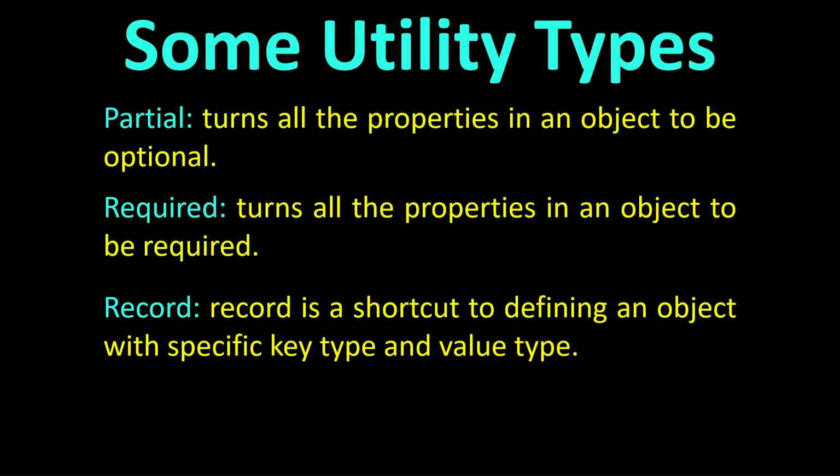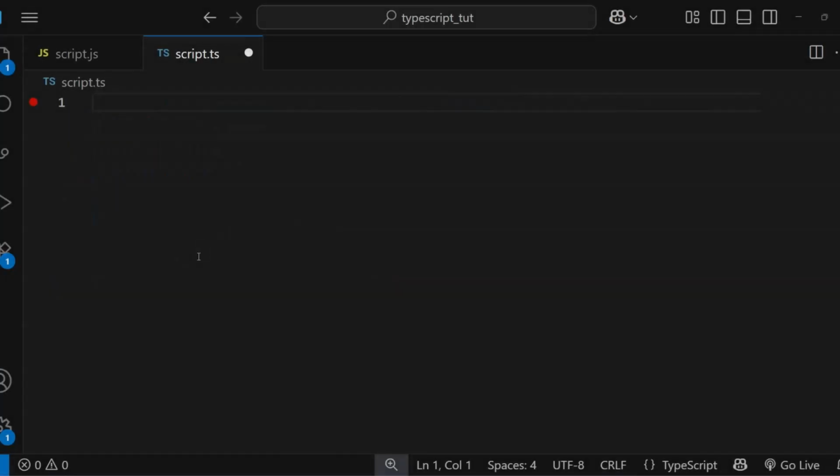Moving on to the next utility type, which is Record. Record is a shortcut to defining an object with specific key type and value type. Let's understand through a quick example.